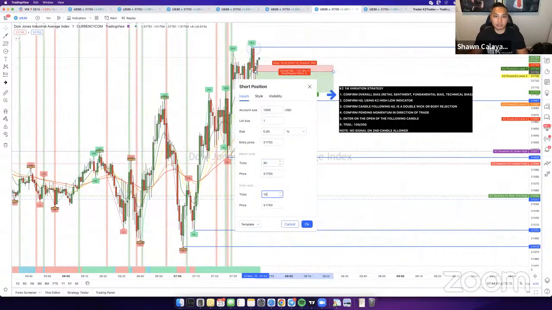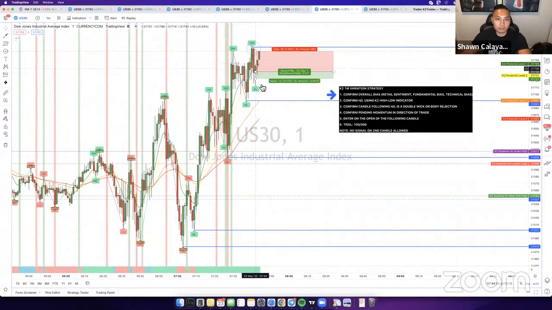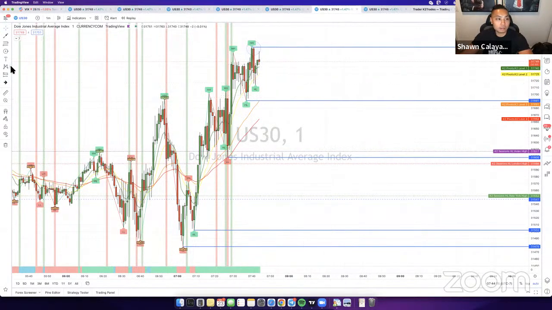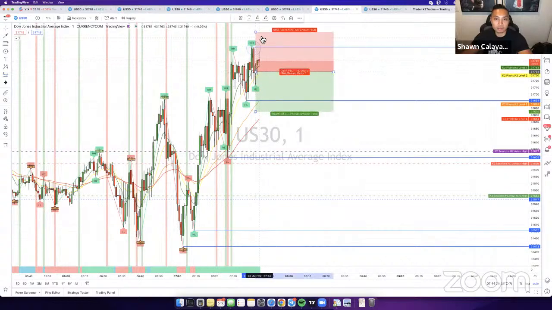You'd have a stop loss of 300 pips, TP of 100 pips. And you can see right there, it hit TP right away. Right when the candle closed, it went straight to TP. So that would have been a V1 entry. It looks like it would have been a V3 entry as well. But obviously not one that I would take for the same specific reasons, because there's no bias.